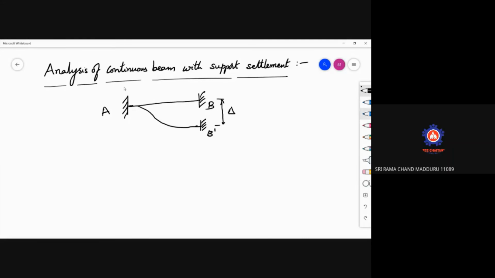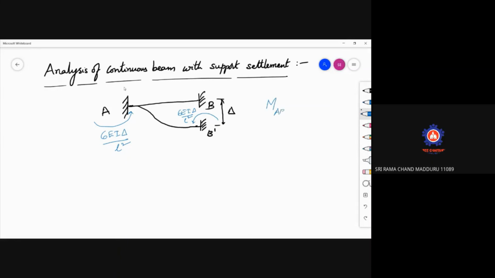The moment is nothing but 6 EI delta by L square, and here also the moment is 6 EI delta by L square. You can check it here. This is anti-clockwise direction and this is clockwise direction. Sorry, both are anti-clockwise direction. So that's why the moments are MAB.